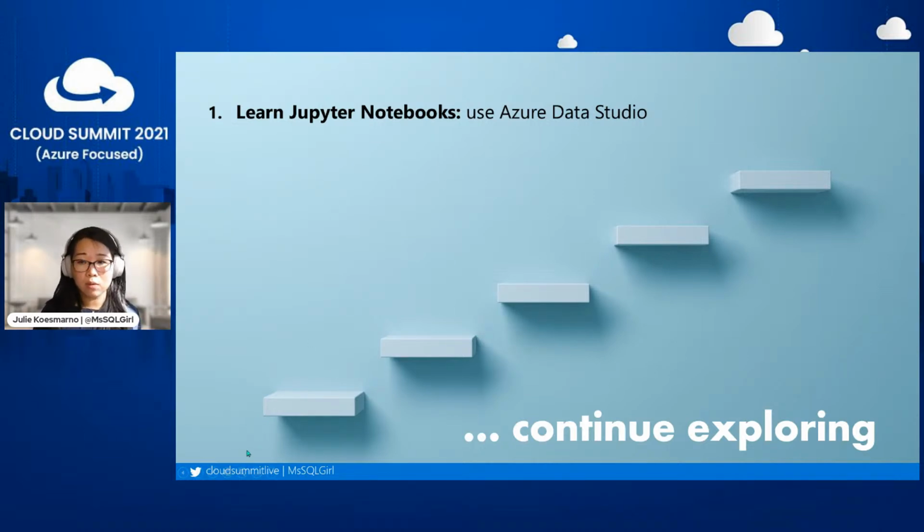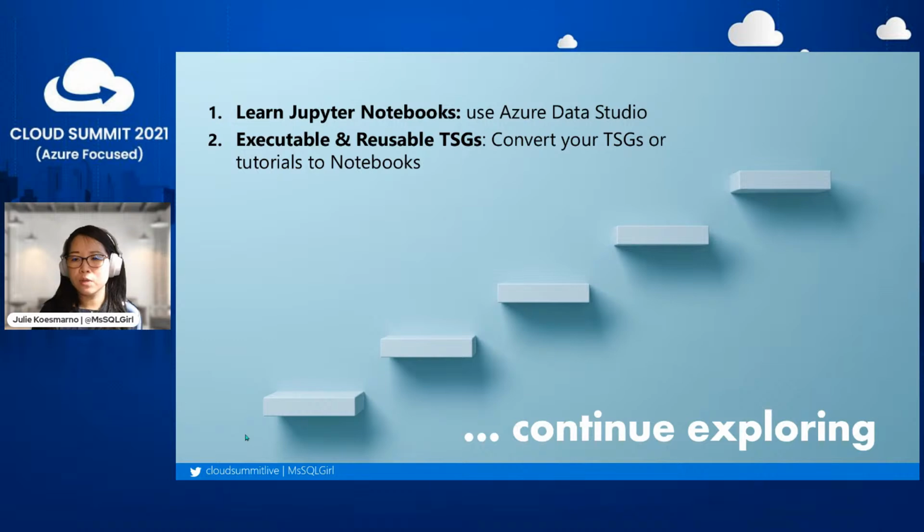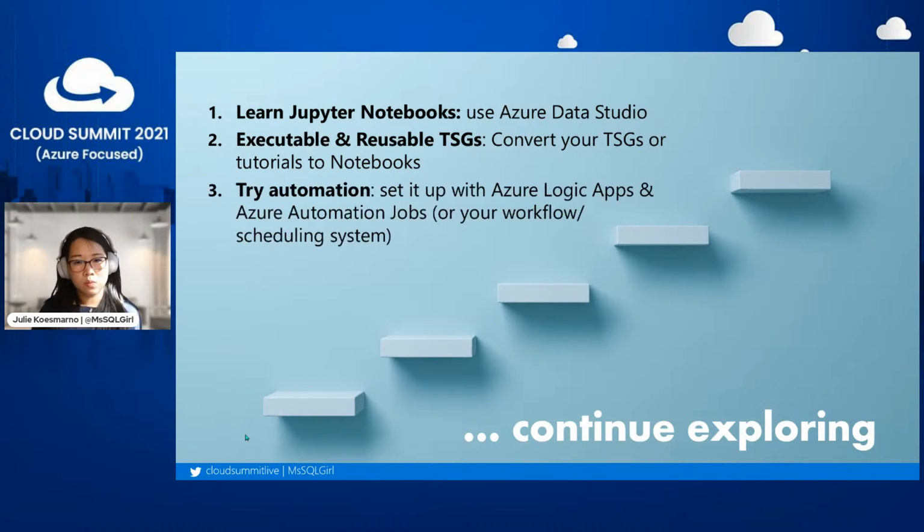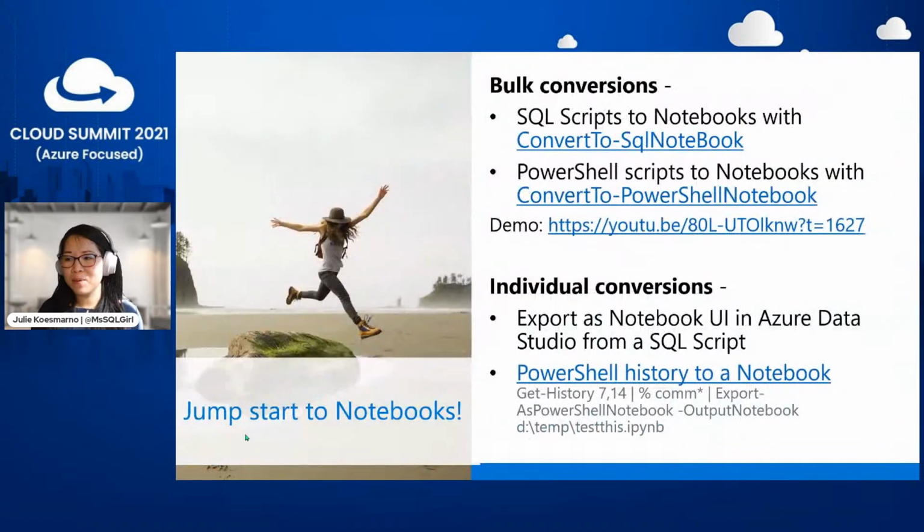That's how I got started as well, really diving into notebooks more. Then think about how you can format your TSGs to be more executable and reusable. And then think about automation as well, because this is the part where it will save you time and hopefully give you a winning advantage over other companies or competitors, as an example.